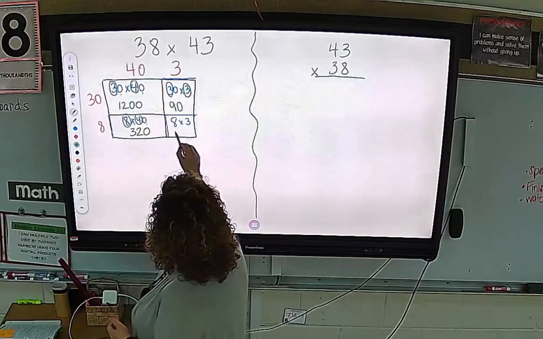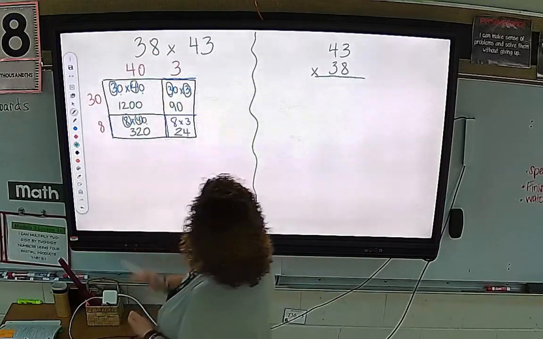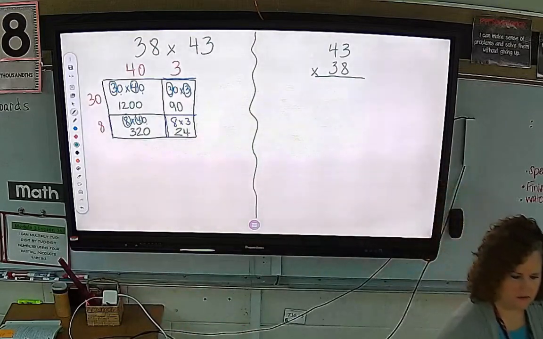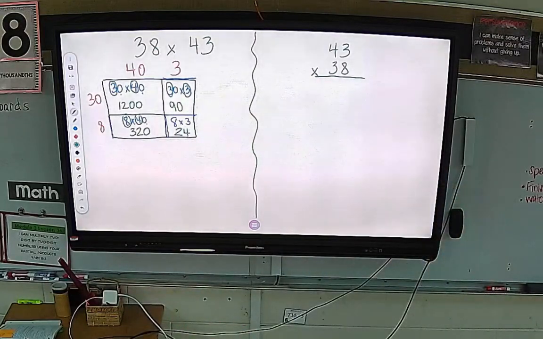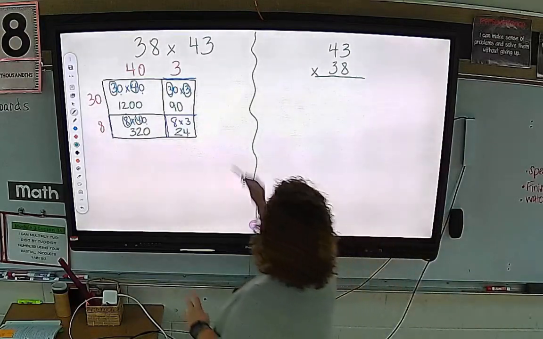And then 8 times 3, everybody is 24. Okay, go beside it and add those up. If you don't have room beside it, maybe you do underneath it, but we need to add up all 4 of these numbers.